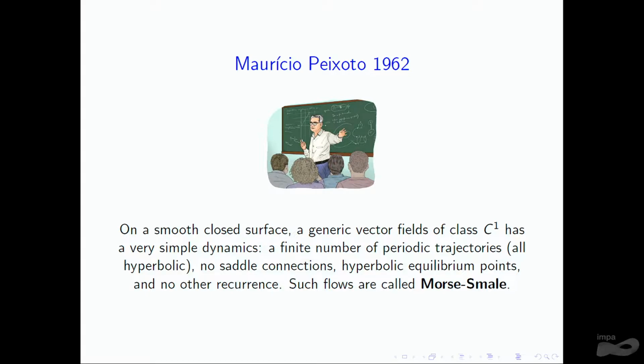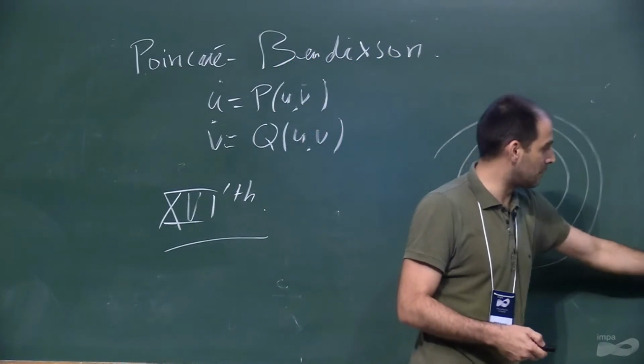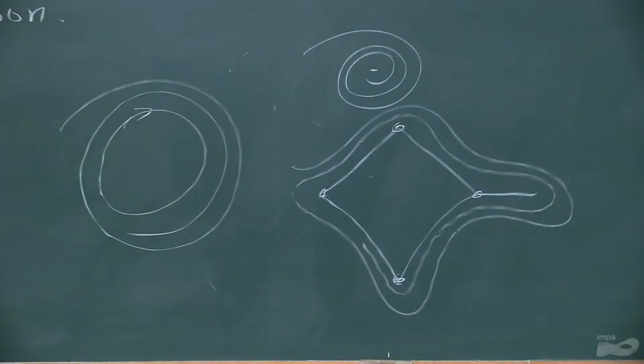Namely, you will see a finite number of periodic trajectories. All such trajectories are hyperbolic, so they are either attracting or repelling. And you don't have saddle connections, so these kinds of things do not happen generically. By perturbing the equation, you can break such saddle connections.